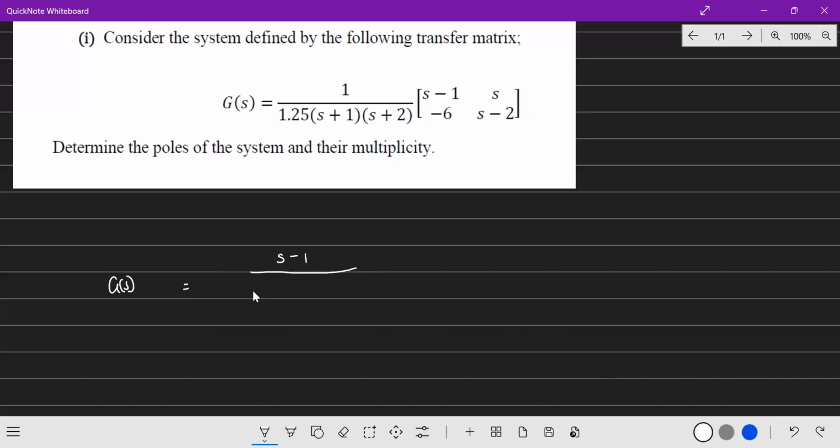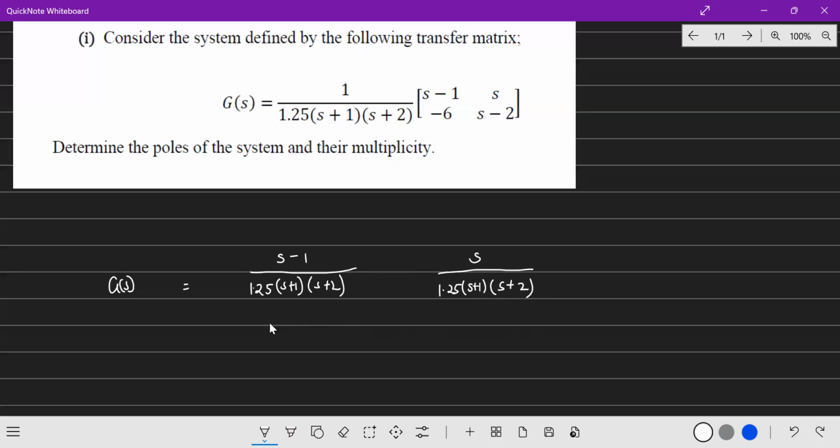okay, this is 1.25. So I will just divide everything by that, right? S plus 1, S plus 2. And then here you have S over, again, 1.25, S plus 1, S plus 2, right?